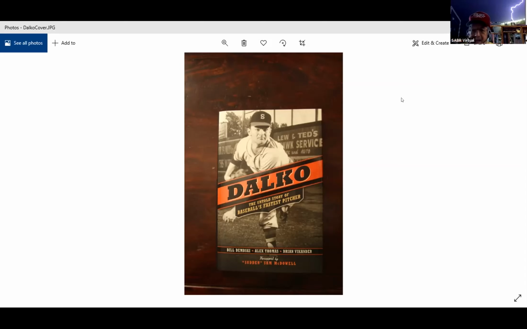You have people like Sam McDowell saying this guy was definitely faster than I was. People saying, yeah, I saw Nolan Ryan and Dalkowski was faster. So you're right to question it, but it was universal. Nobody seemed to disagree with that assessment.